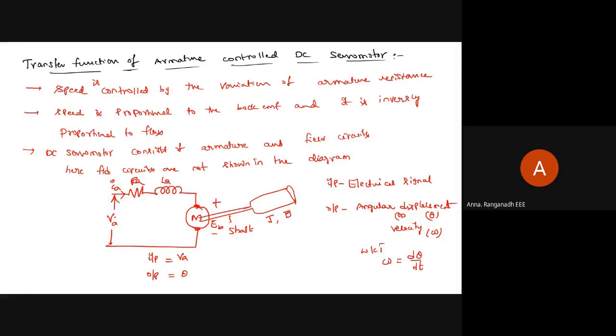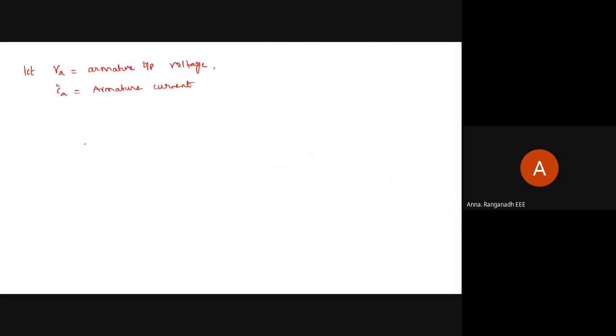I am taking the notations from the diagram only. Let VA equal the armature input voltage, and IA equal the armature current. RA is the armature resistance, in ohms.